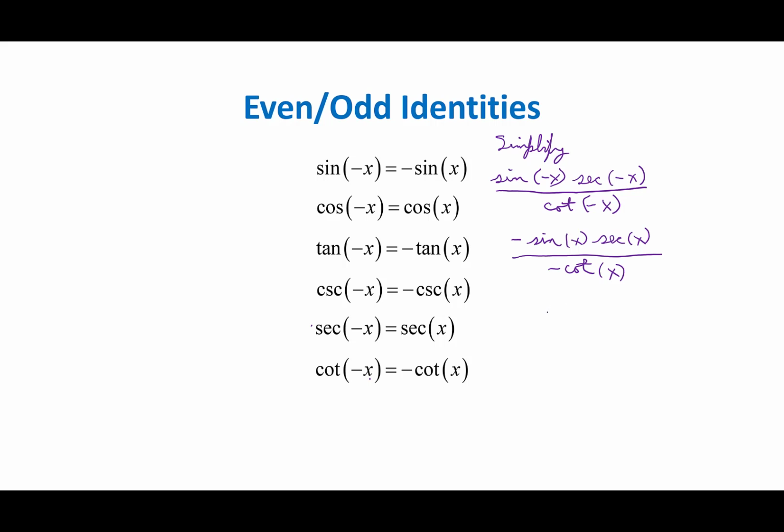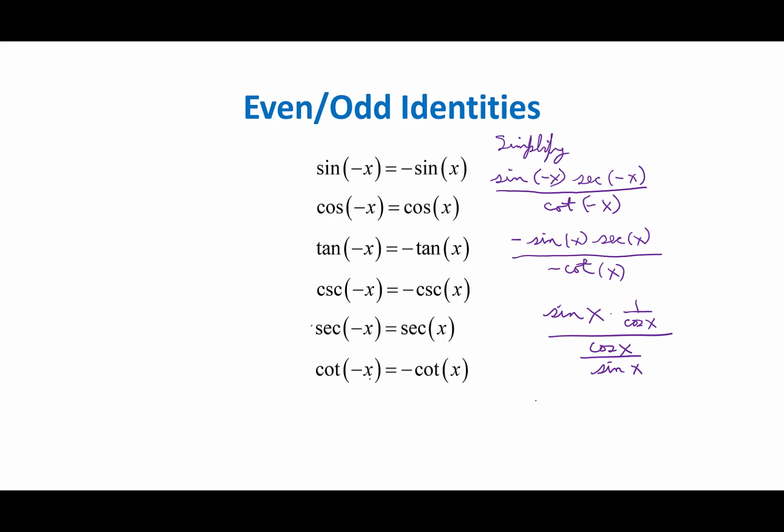I have the sine of x times the secant of x, which is 1 over the cosine, and then the cotangent of x, which would be cosine of x over sine of x. And so what have we got?